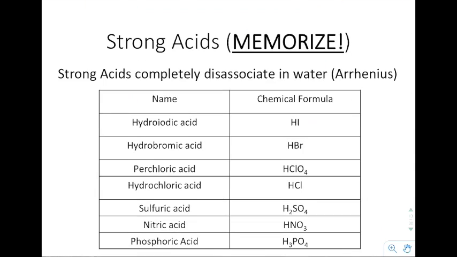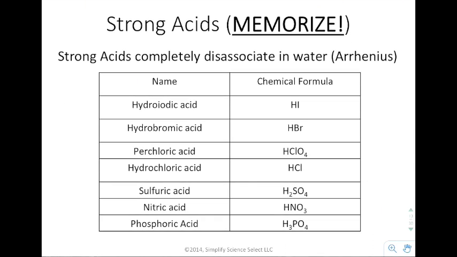Now the strong acids are something that you have to memorize. These are the 7 that you're responsible for memorizing in this class. You have hydroiodic acid, or HI, HBr, HCl. These 3 are the halogens minus HF. HF is not considered to be a strong acid. So you have HI, HBr, HCl.